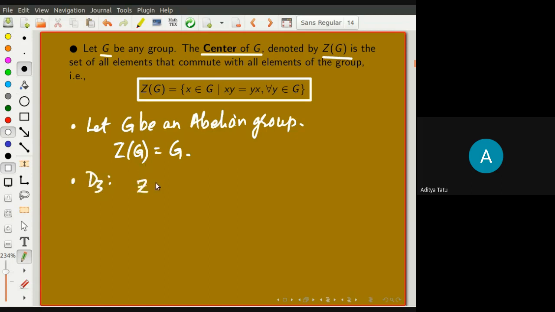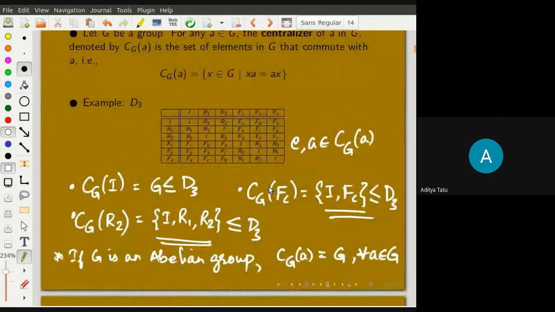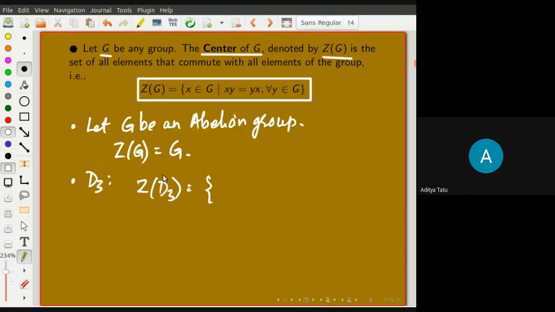Back to the table so that you can observe it. Identity must be there, right? Identity will always be there, and this is again a more general result.